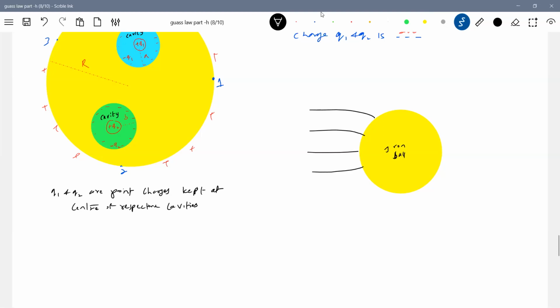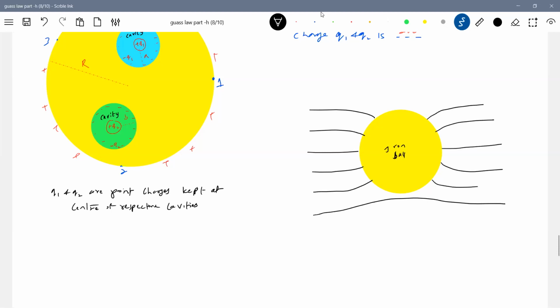We know the electric lines of force should terminate, okay, this will be the electric field. If I remove this sphere, only the uniform field will be there.